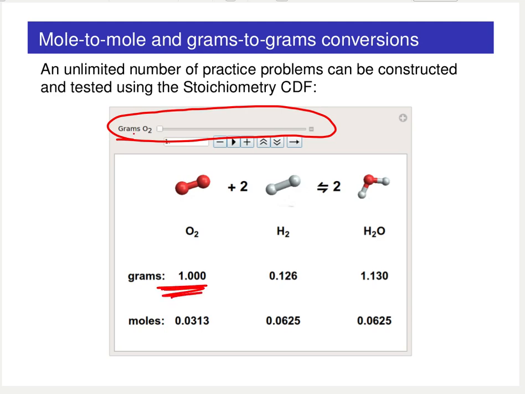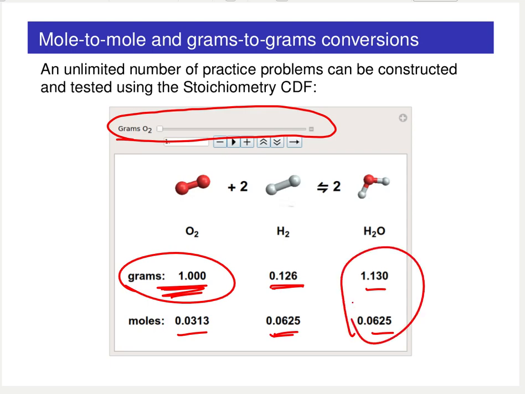And if you modify the number of grams of O2, all these other values automatically update, letting you know, for example, how many moles of O2 that corresponds to, how many grams and moles of H2 would be required to react with this given quantity, and how much product will be formed.